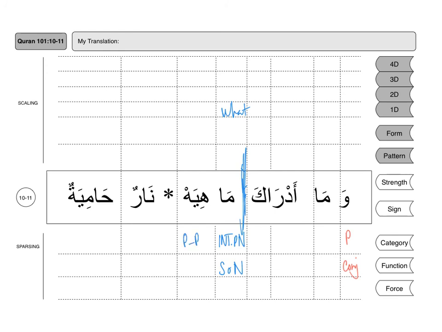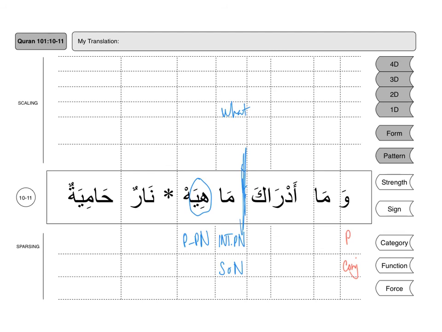By the way, this is a personal pronoun, which is actually originally here, like huwa, right? So huwa means he, hiya means she or it, referring back to the previous verse, which is hawiya, right?